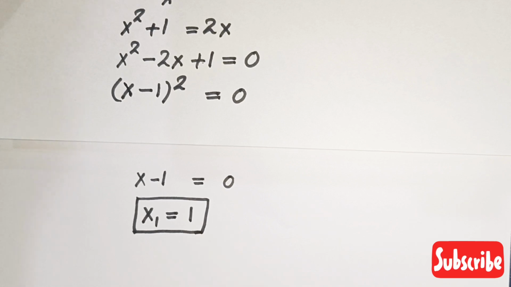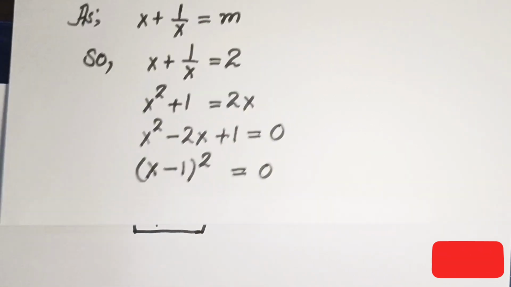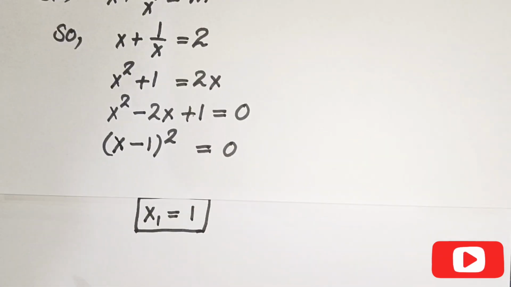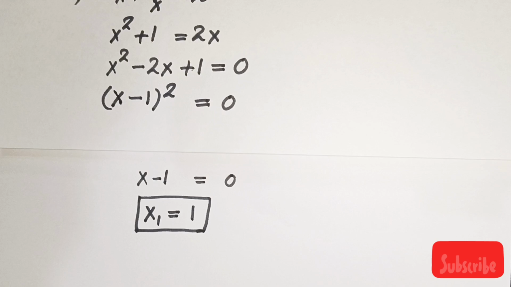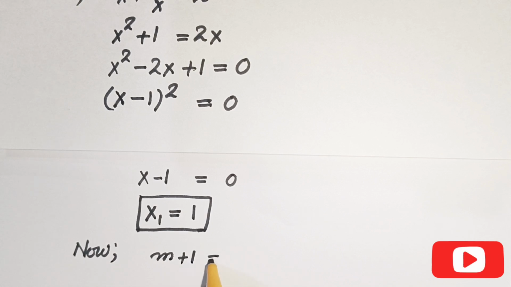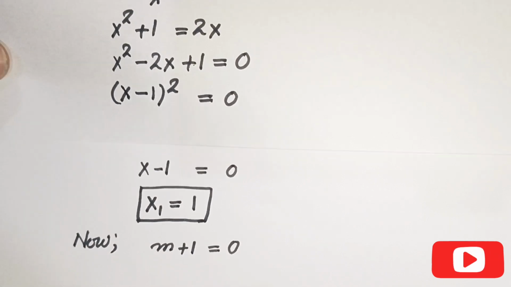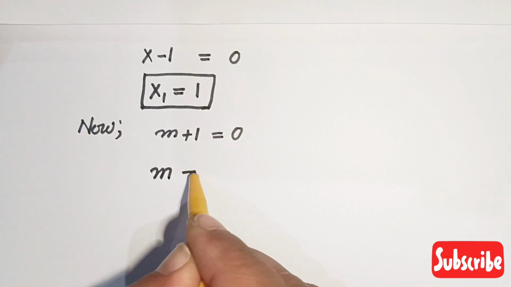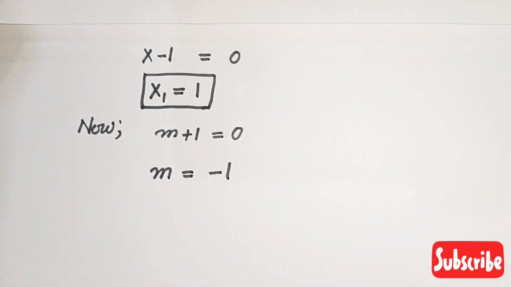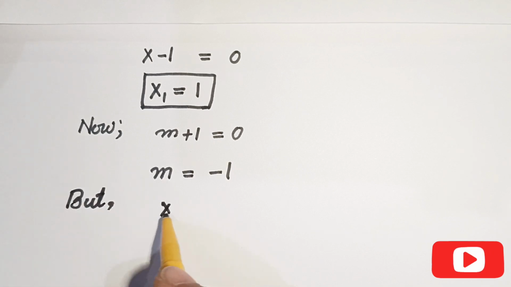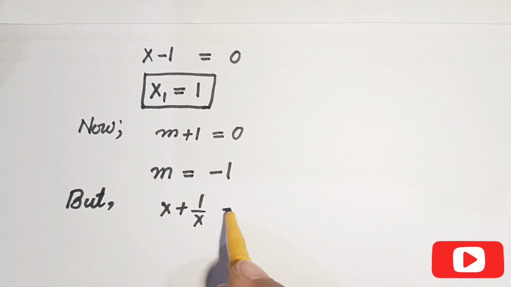Now we are going to solve our second case. So our second case here is m plus 1 is equal to 0. Now solving this one, shifting this plus 1, we get m is equal to minus 1. But we know that the value of m is equal to x plus 1 over x.